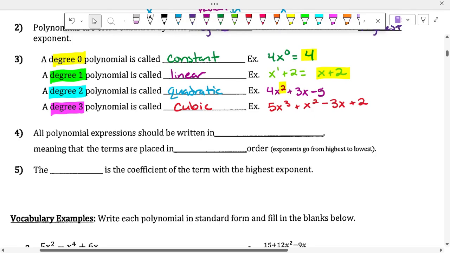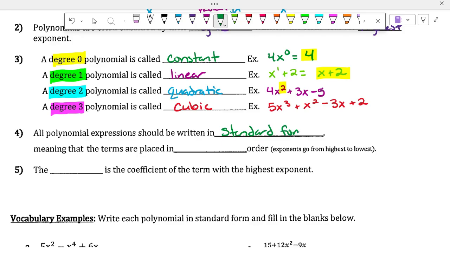So, all polynomial expressions should be written in standard form. All right. I brought this up in your warm-up this morning. Does anyone remember what standard form means? Danny? Not quite. Audrey? Right.